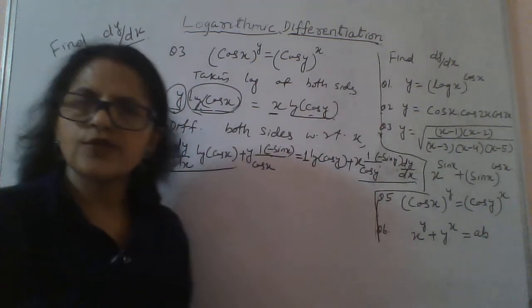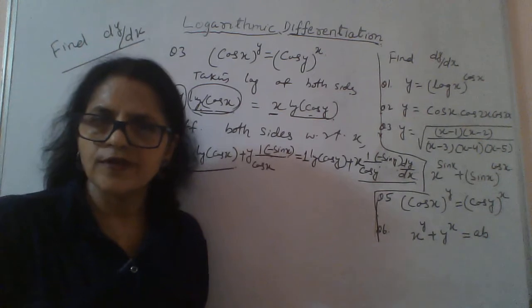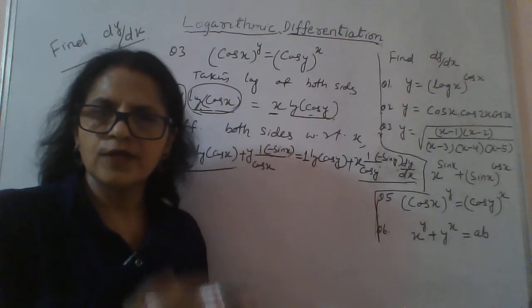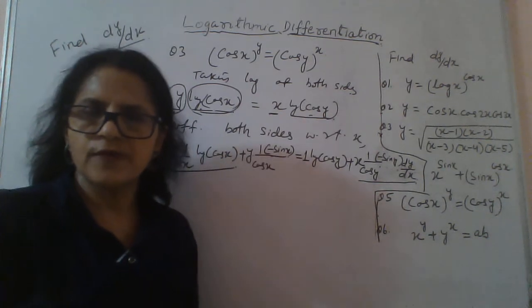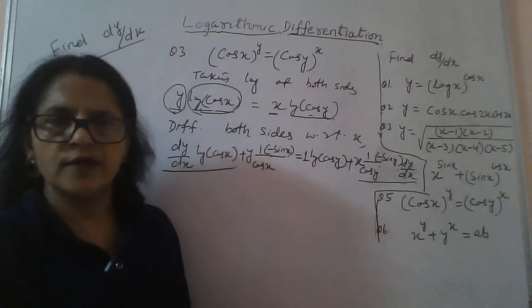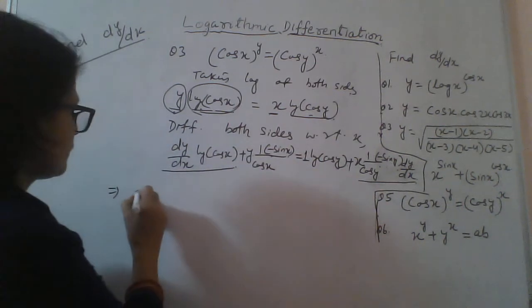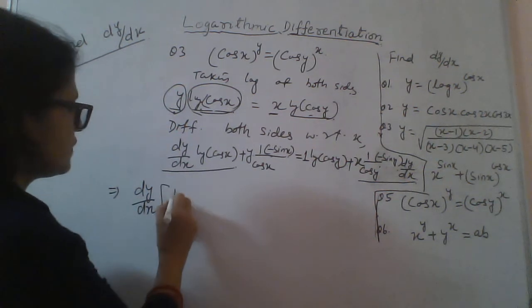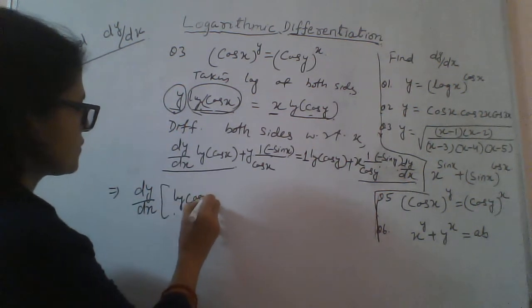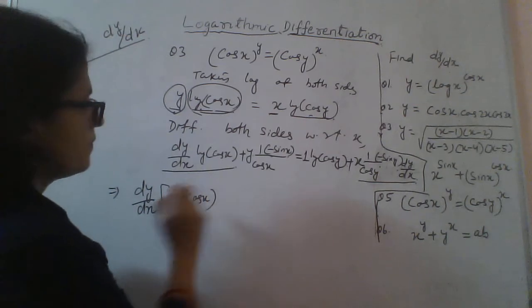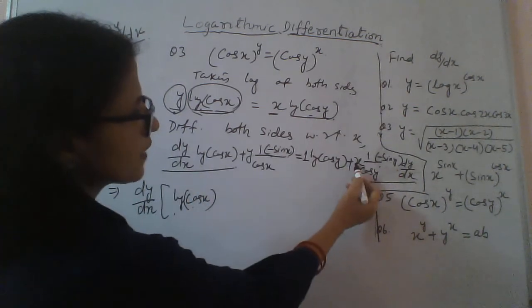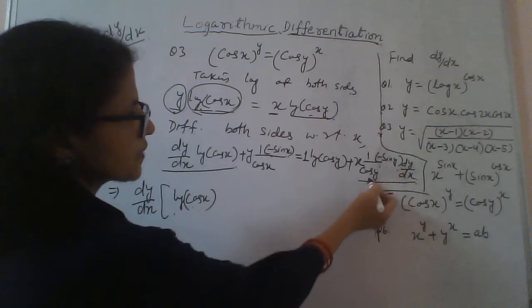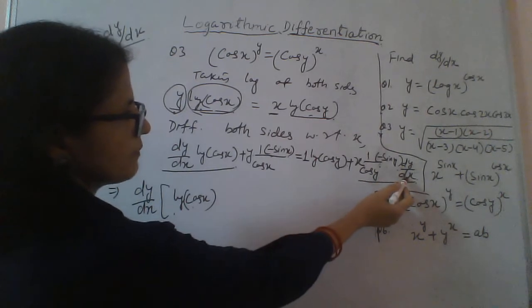Okay, so it is just like your implicit differentiation: taking the dy by dx terms to one side and the terms without dy by dx to the other side. So if I write here dy by dx, this is log cos x and this is x minus tan y into dy by dx.